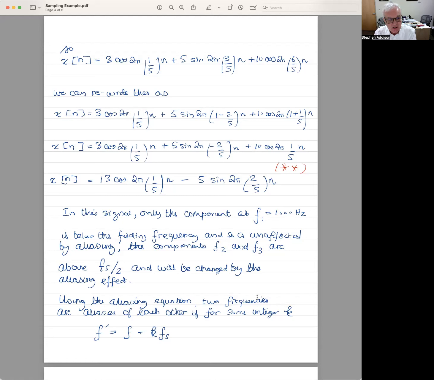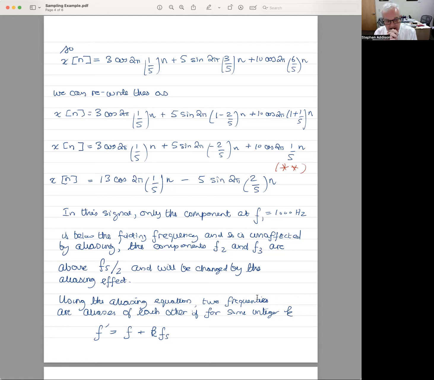Collecting terms, the sample sequence looks like 13 cosine of 2 pi multiplied by 1/5 multiplied by n, and then subtract 5 times the sine of 2 pi times 2/5 multiplied by n.